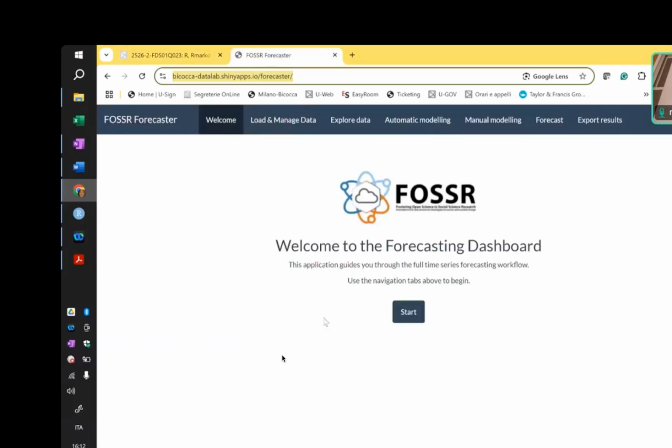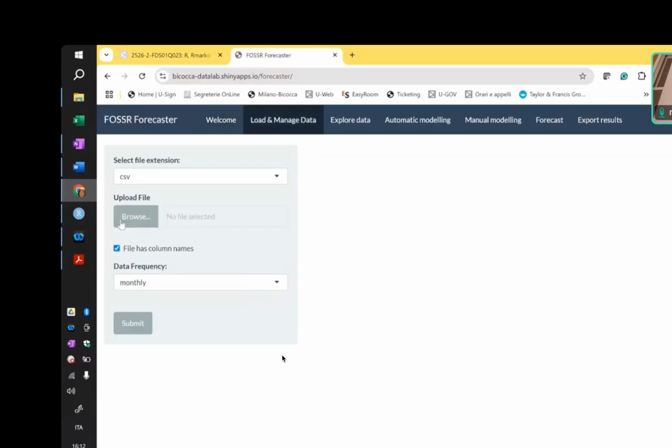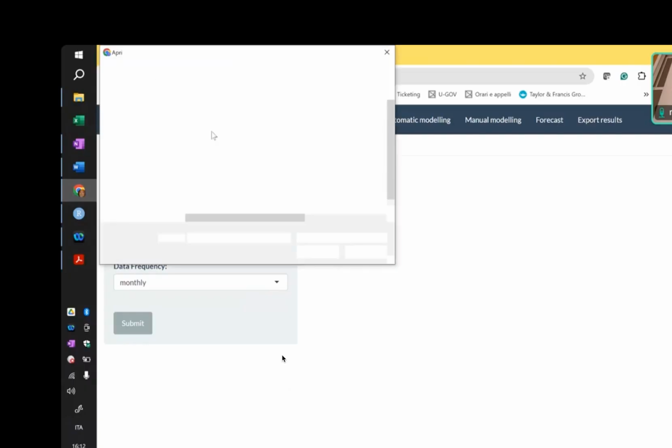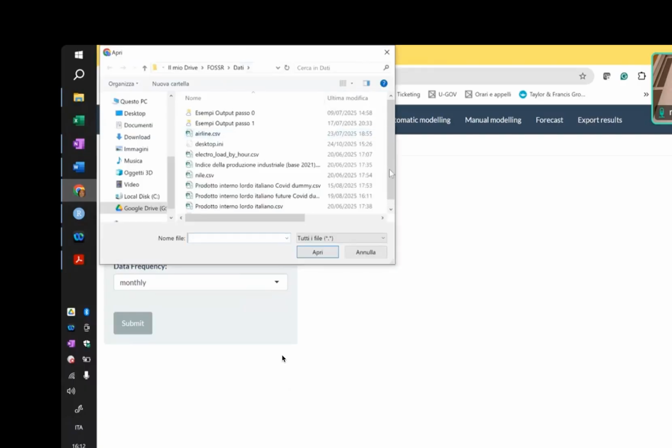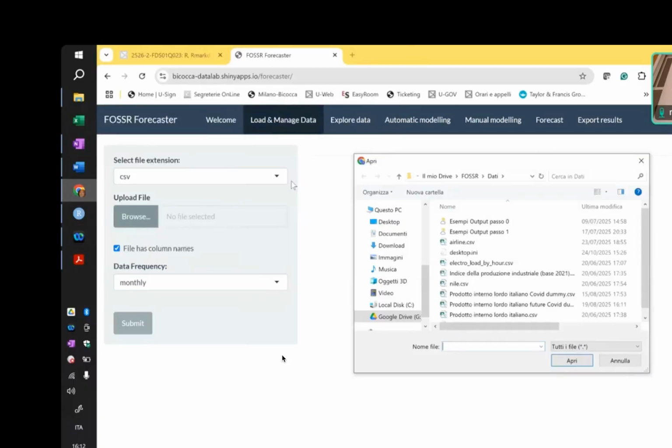And let's start by playing around with that. It's very intuitive, so I don't think I have to explain anything about this dashboard. You go from left to right, and in this case we just pick the industrial production index.